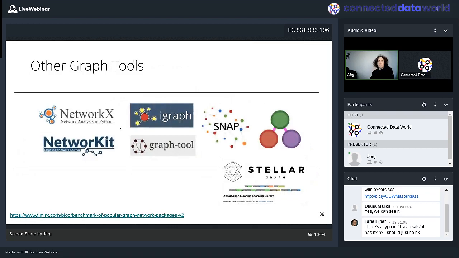Other tools, some of which are basically NetworkX for scale, for example NetworkKit, GraphTool, or SNAP, help you scale out to larger data sets as well. There's an interesting blog post comparing some of those packages if you're interested in using that at more scale.